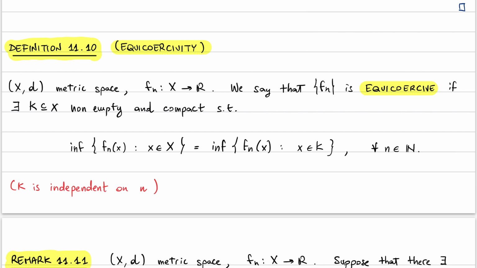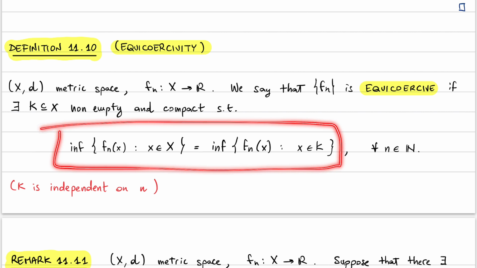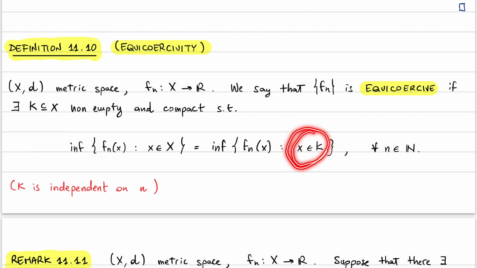We're requiring this condition to hold with the same set K here. So K does not depend on n. So this is the difference.